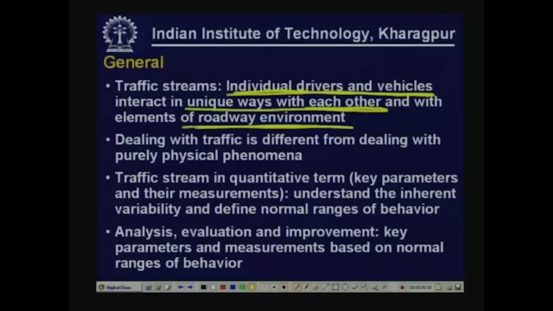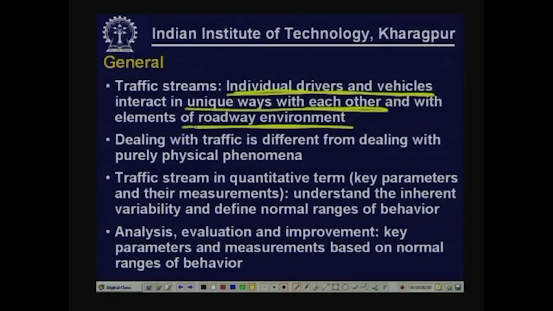There are drivers, and they behave in different manners, not that each and every driver behaves exactly in the same manner. So, the human component is involved, which makes traffic engineering different from most other engineering disciplines, or even makes traffic engineering phenomena different from purely physical phenomena.